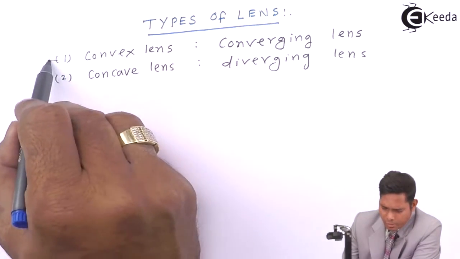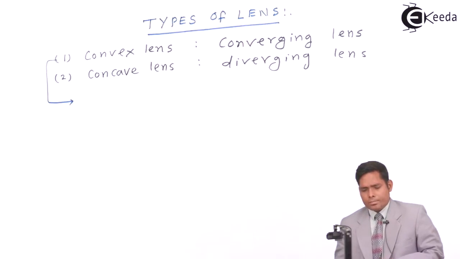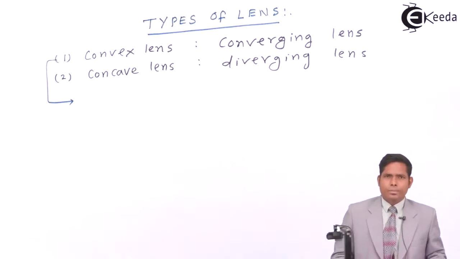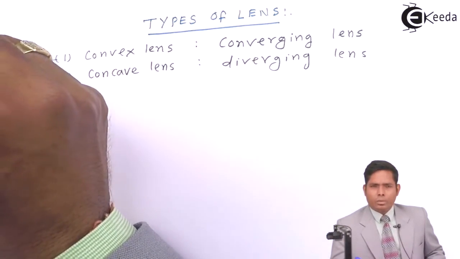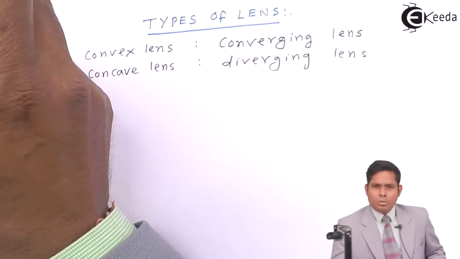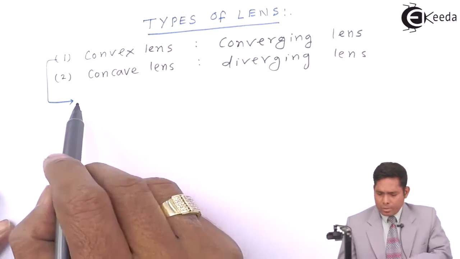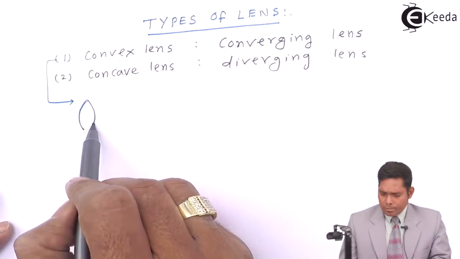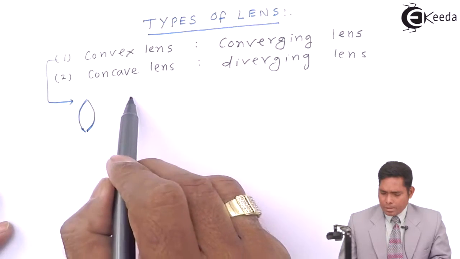Let us first take the convex lens. In a convex lens, depending on the nature of the surfaces, I can have a combination of both curved, or one curved and one plane surface. It's possible that both the surfaces are curved. I can have a situation where one surface is plane and another is curved.